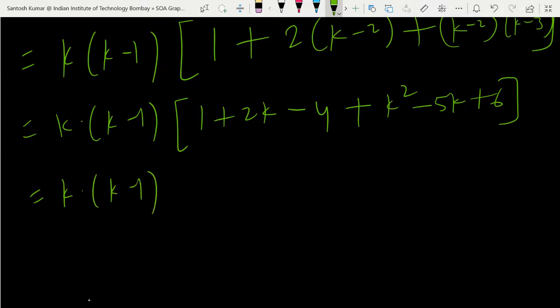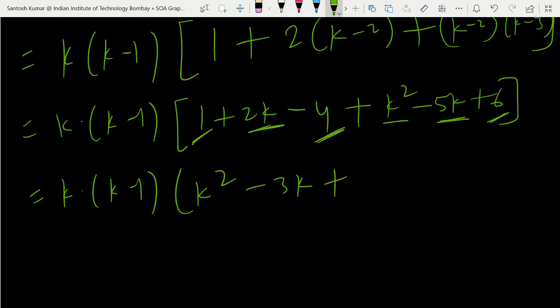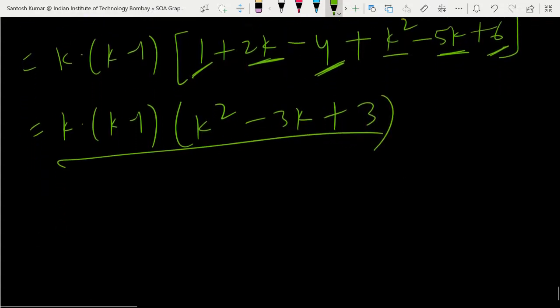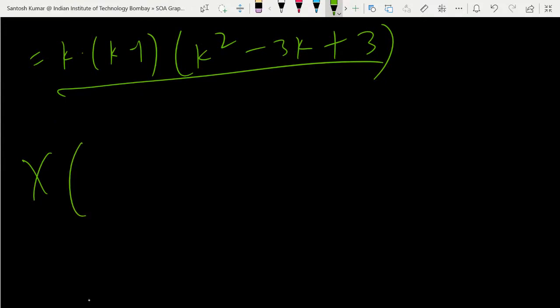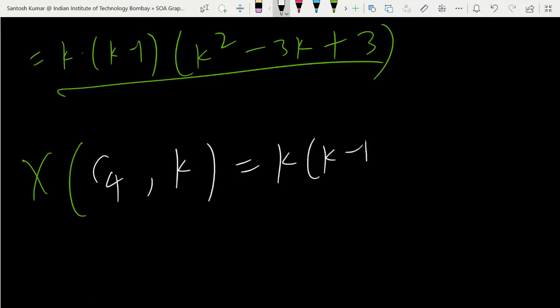So we are getting K square alone, 2K minus 5K is minus 3K, and 1 minus 4 plus 6 is 3. So you get this. This way I proved that the number of proper colorings of C4 using K colors is K into K minus 1 and K square minus 3K plus 3.